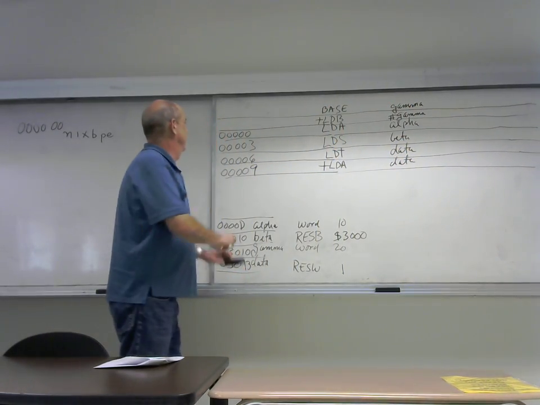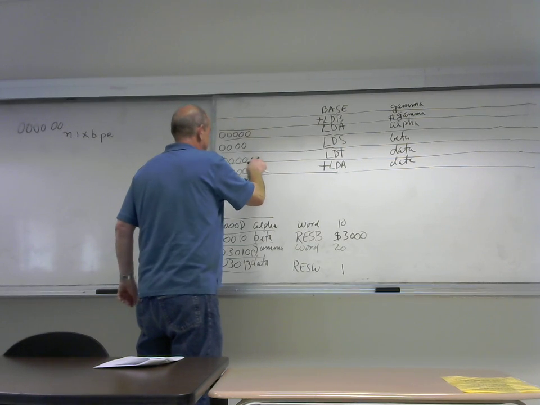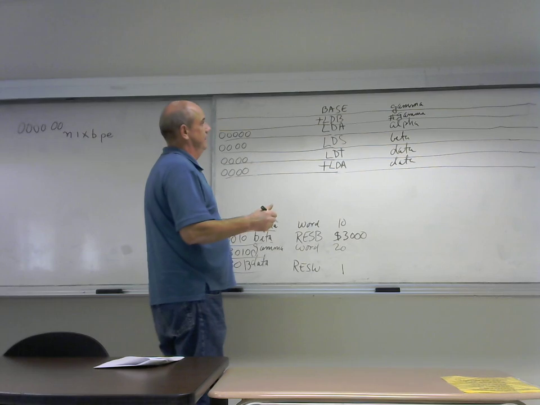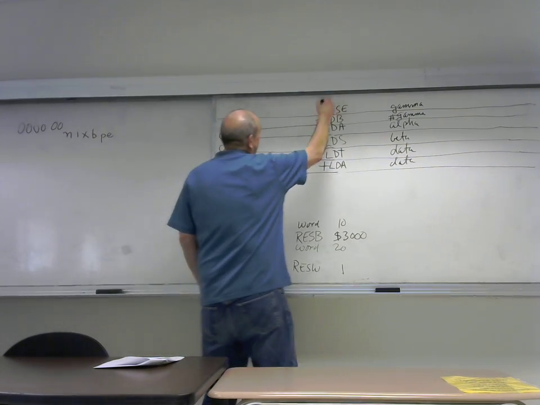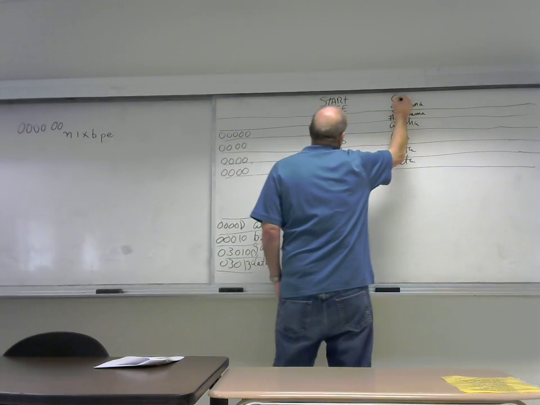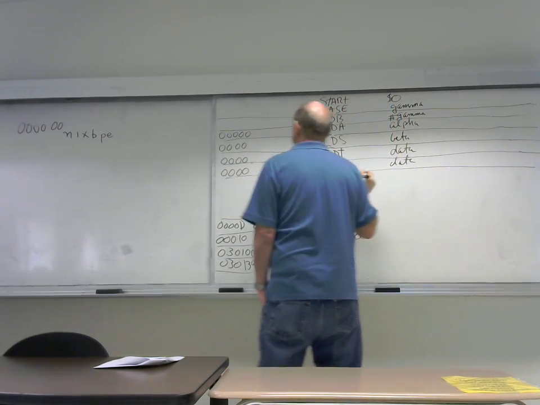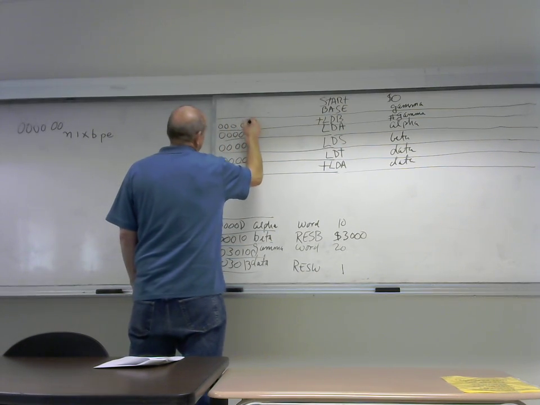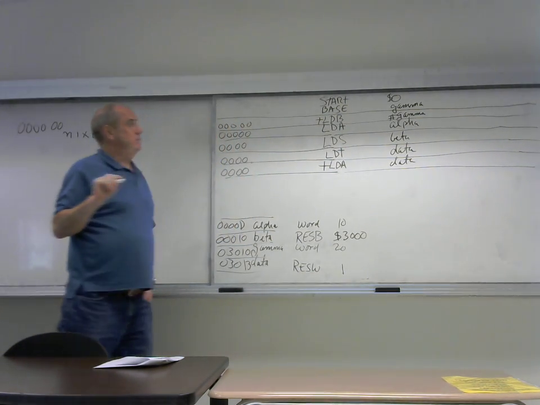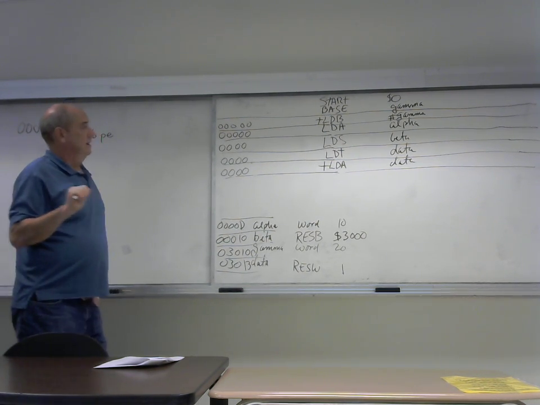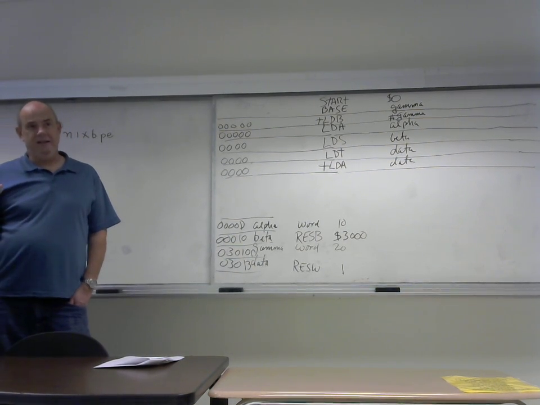Now then, let me clean this up a little bit. So what's the address of the LDB? Start, zero. Now what's the address of the base gamma? It says it's 0, but it doesn't occur.